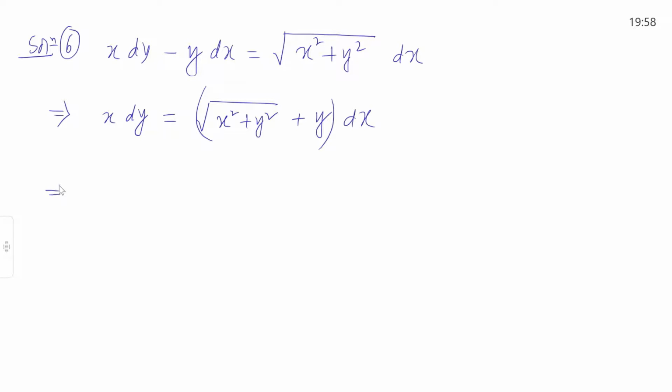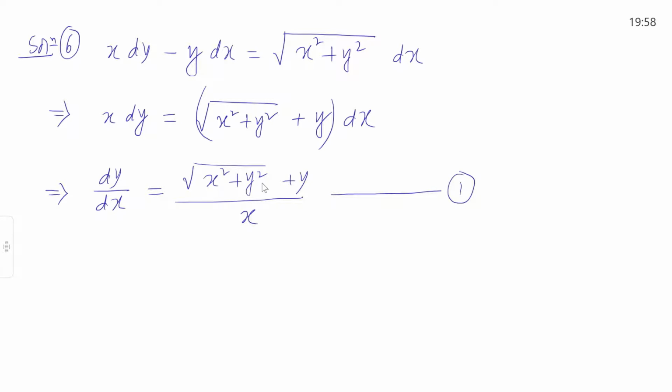Then this implies dy dx is equal to, with x as the denominator, root over of x square plus y square plus y is the numerator divided by this x. Okay, so this is a homogeneous differential equation in the form of dy dx.